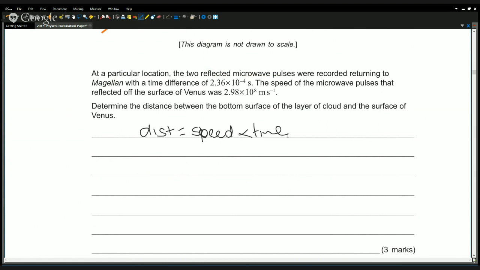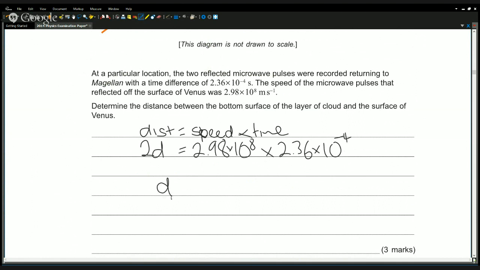So it's actually 2D equals 2.98 times 10 to the 8 times the time difference of 23.6 milliseconds, which I wrote as 2.36 times 10 to the -4.